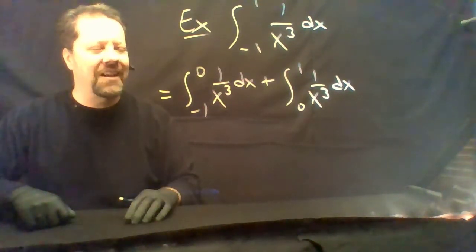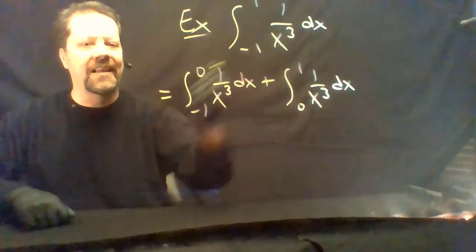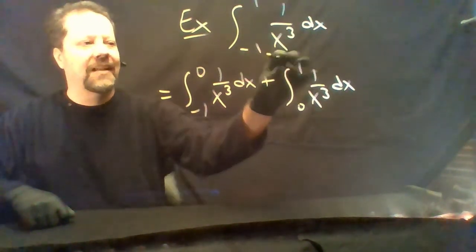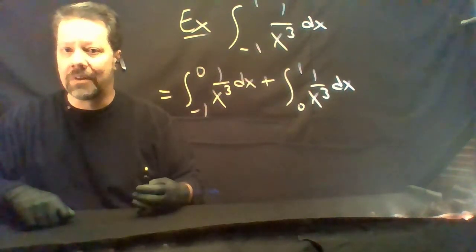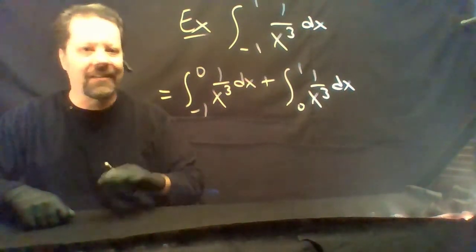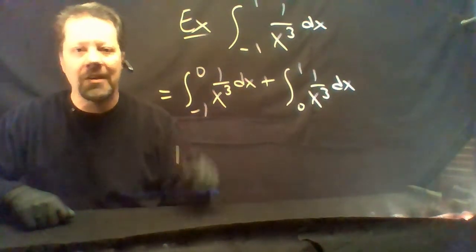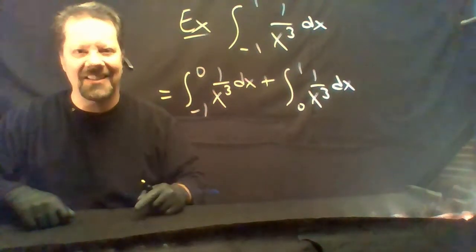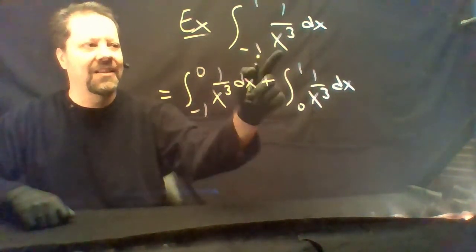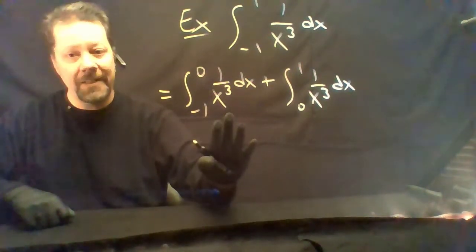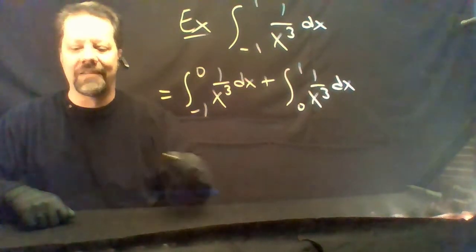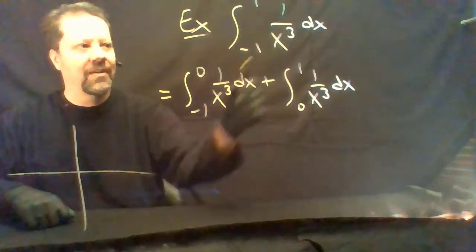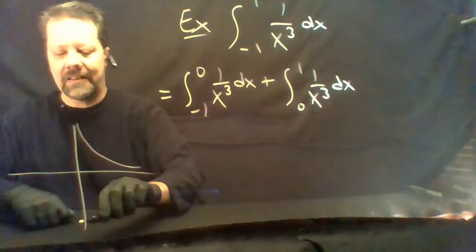Now, some of you might have been a little sly and noticed that the integrand is odd, and we are integrating from -a to a. Under normal circumstances, you could instantly declare that those integrals are 0, but you can't in this case. You just can't. The reason is, if one of these integrals diverges, the whole thing diverges, and we're just out of luck. Yes, 1 over x cubed does look kind of like this.